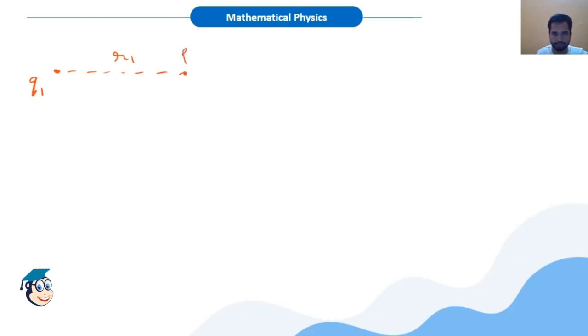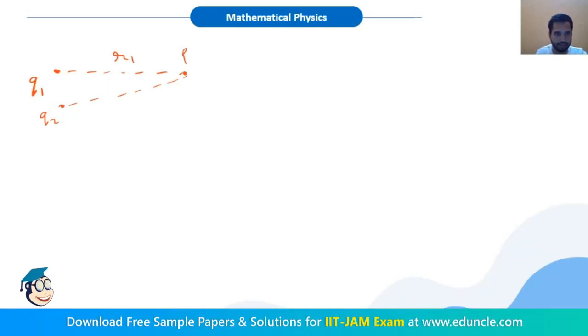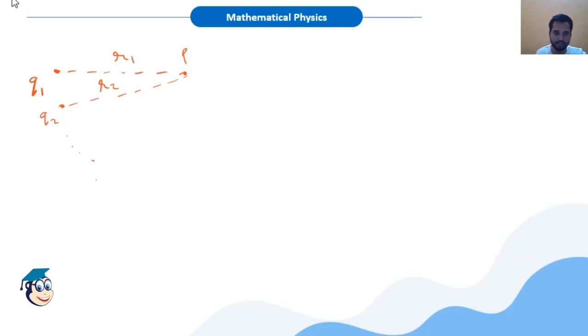You have some q2 charge which is at position r2 from P. Similarly, you have many charges, and Qn is the nth charge which is at position Rn from P. So the net potential V at P would be equal to this.